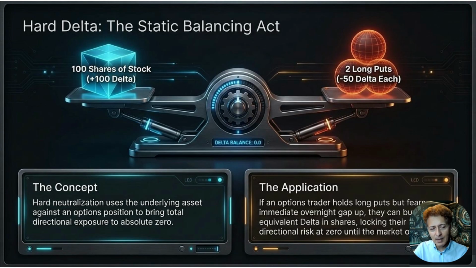You could now think about delta equivalencies, and let's say you buy 2 at the money puts. Each at the money put will have a delta of 0.5 times 100, that's 50, negative 50.